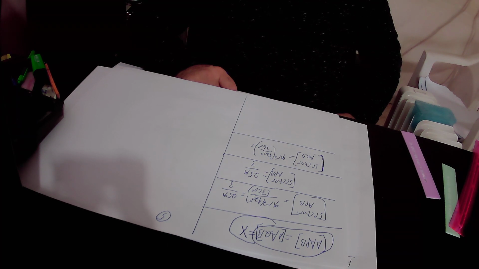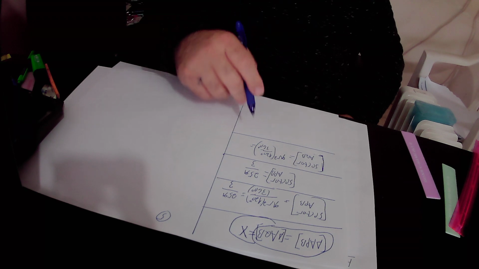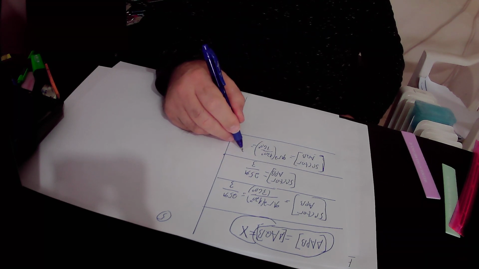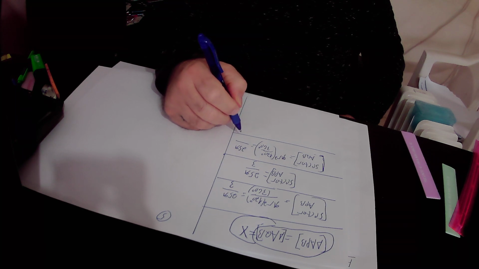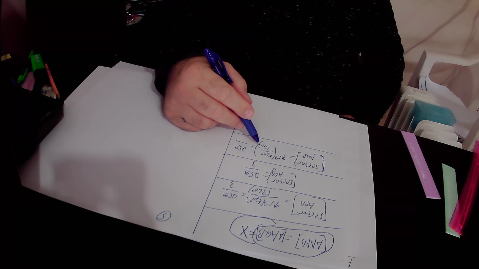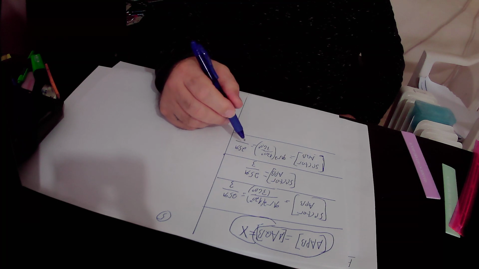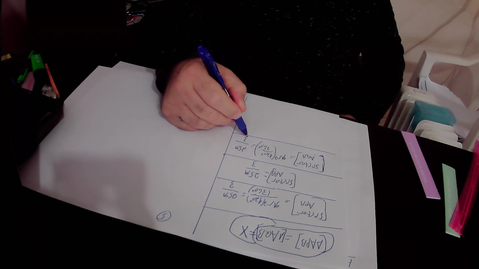R equals 5, so R square is 25. So in the numerator we have 25 pi, and 120 degrees over 360 degrees is 1 over 3, so it is 3.